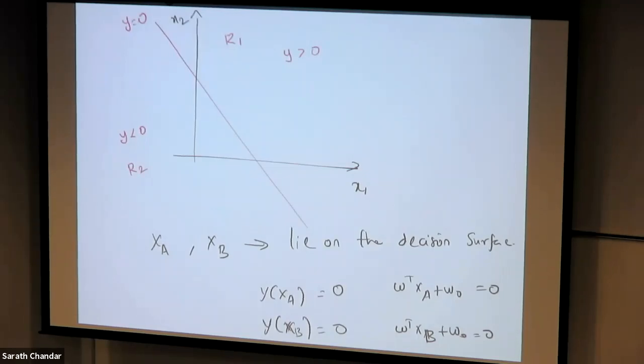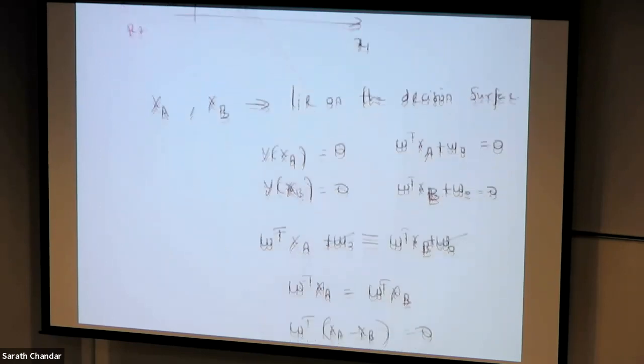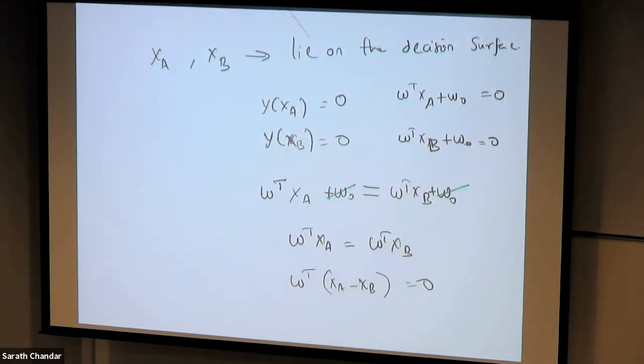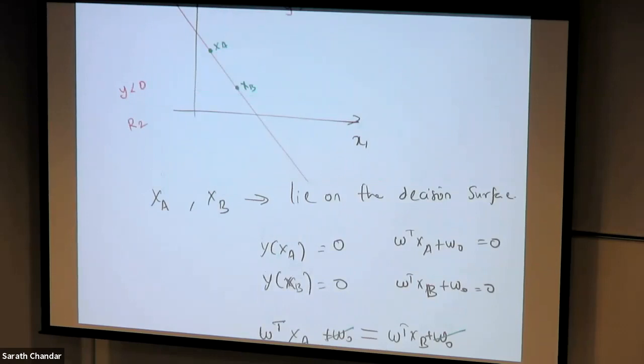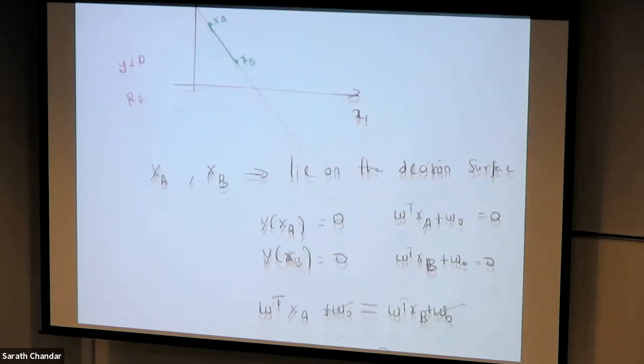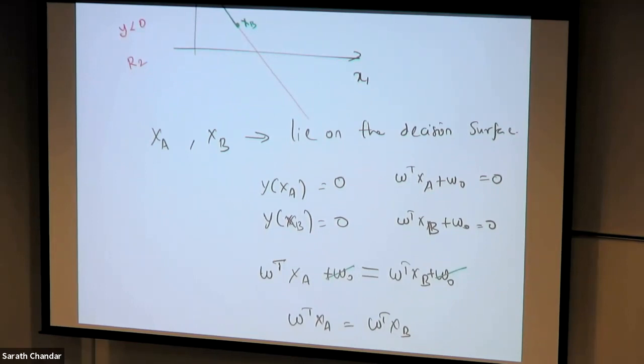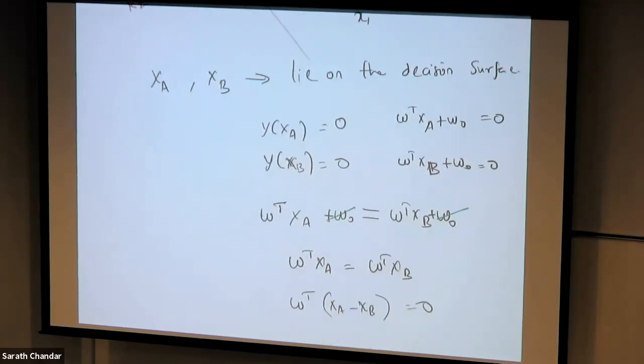Now I told you that XA and XB are any 2 points on the decision surface. So let us consider this to be XA and this to be XB. XA minus XB is basically the line, the line equation for the decision surface, where XA and XB lie together. Now W transpose XA minus XB is equal to 0.